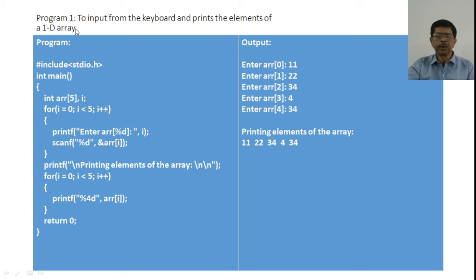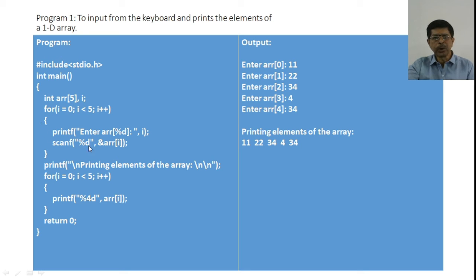Then first we are going to see some of the programs. The first program is to input from the keyboard and print the elements of a one-dimensional array. So here in the program, in the initialization section we have an array called ARR and one integer value i.